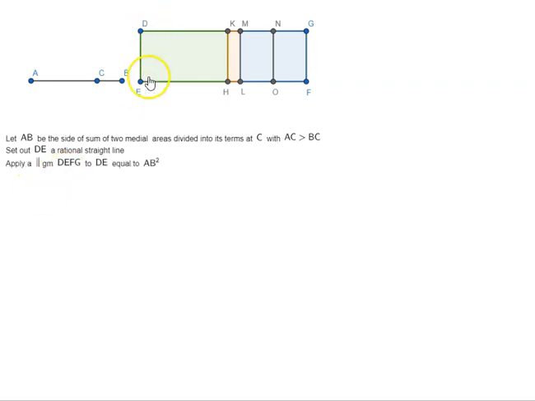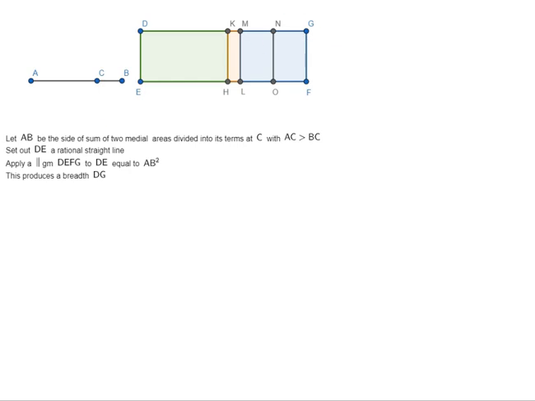Apply a parallelogram DEFG to DE equal to the square on AB. Now, when we do this, this produces a breadth or width DG. What the proposition is saying is DG is going to be a sixth binomial.